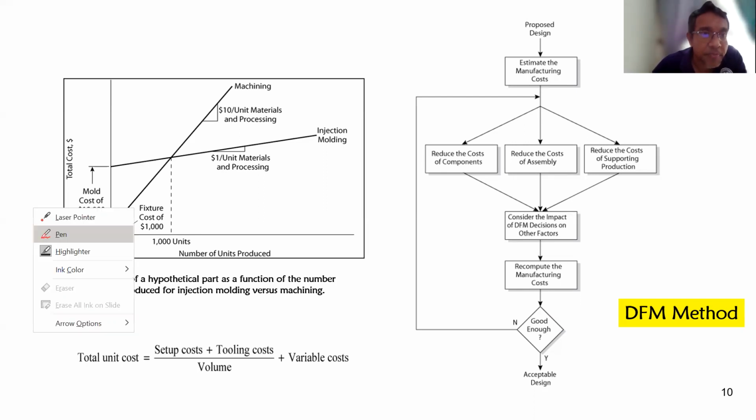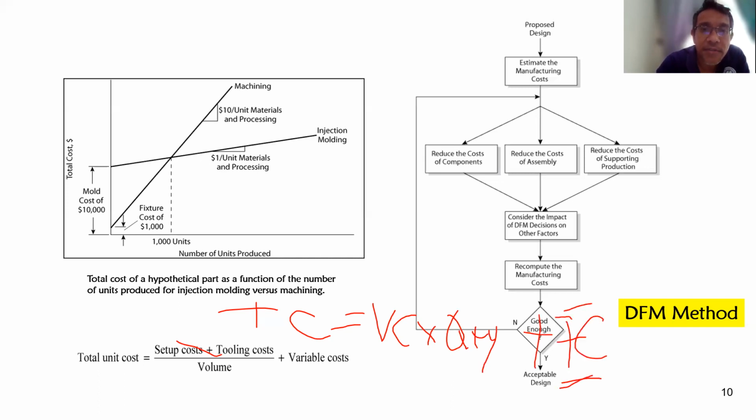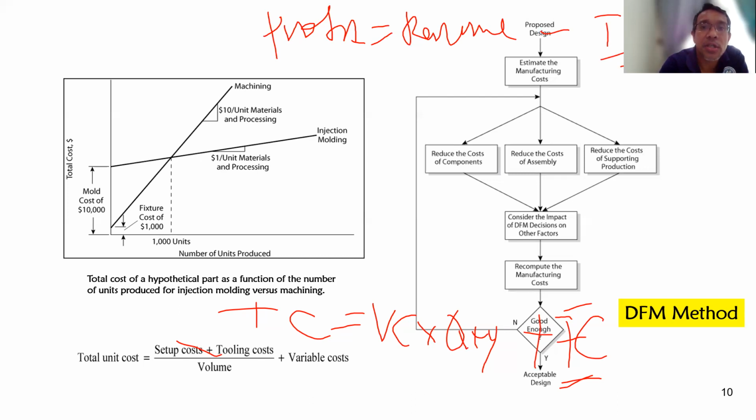Total cost equals variable cost multiplied by quantity plus fixed cost, where F is fixed cost. I think you already learned this in a previous module. When we count the profit, it is always revenue minus total cost. And total cost here is variable cost multiplied by quantity plus fixed cost.